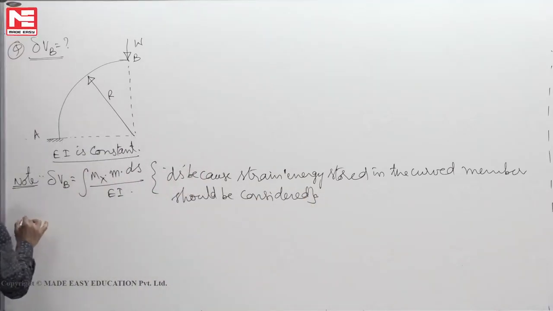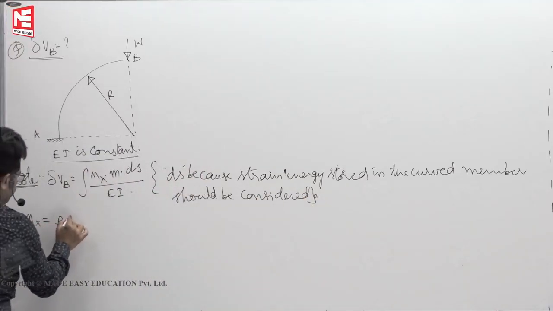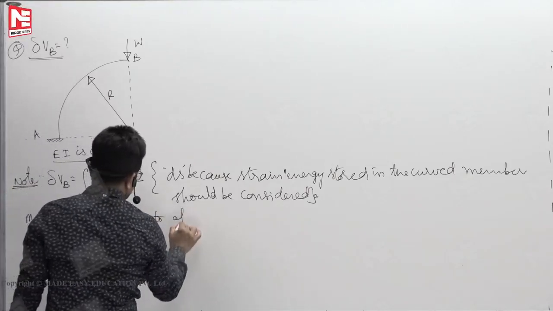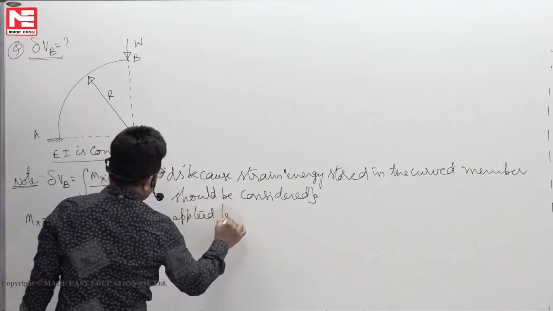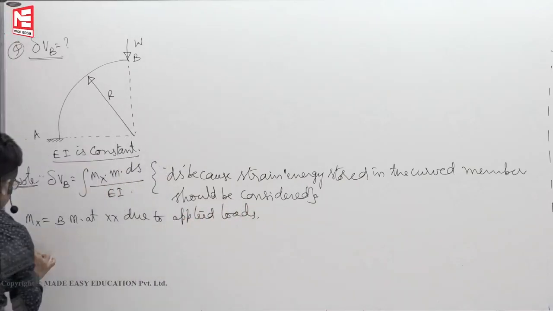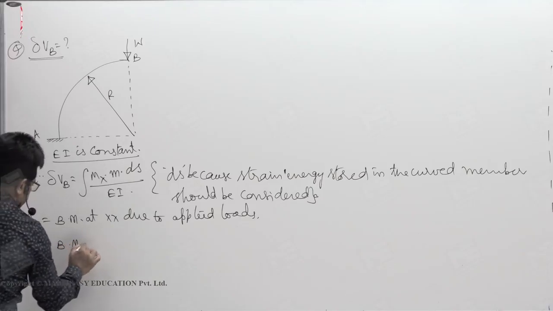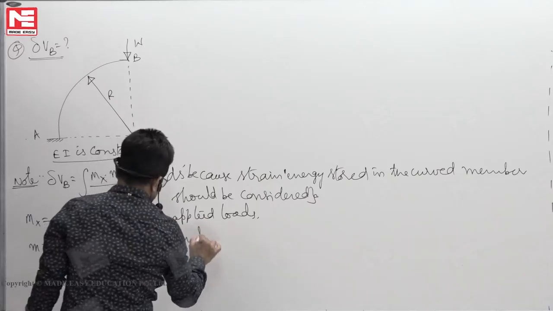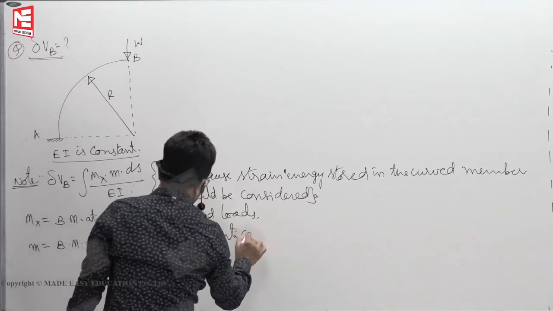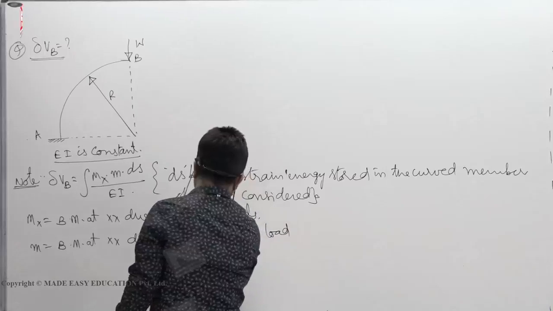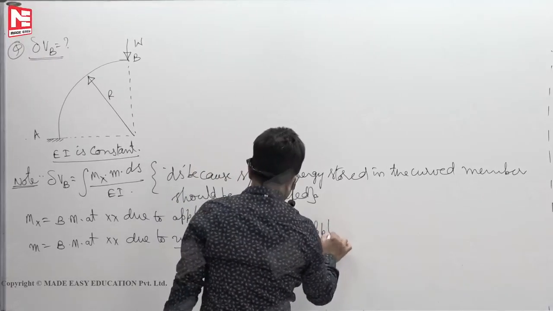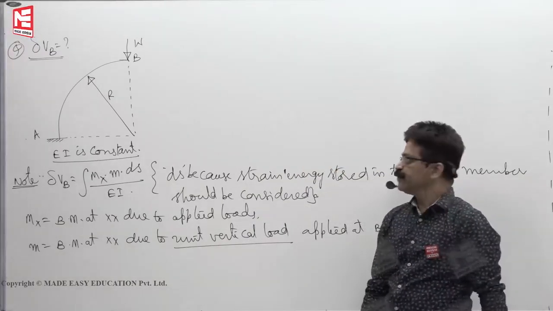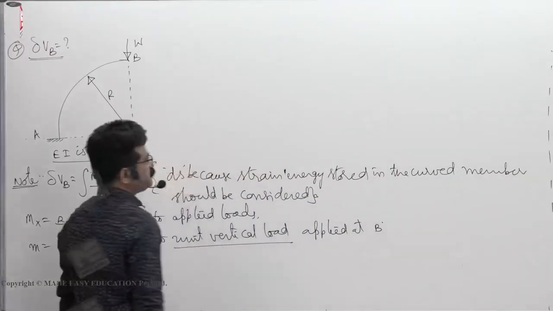So Mx is the bending moment at xx due to applied loads. m is the bending moment at xx due to a unit vertical load applied at B. So this is the scope of the problem.